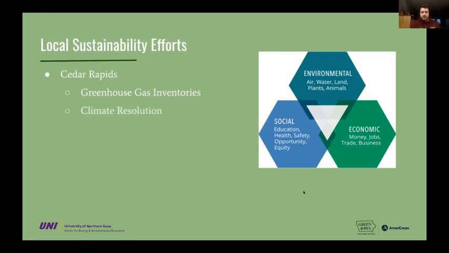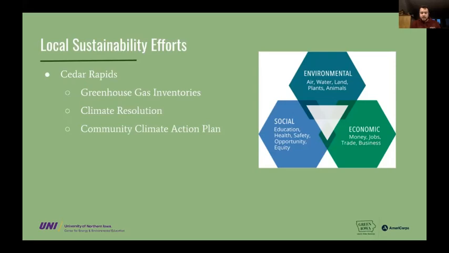Upon completion of the inventory, Cedar Rapids created a climate resolution in February 2020, declaring an urgency to take climate action through the creation of a climate action plan while supporting vulnerable residents. Following the resolution, Cedar Rapids finalized and created its community climate action plan.